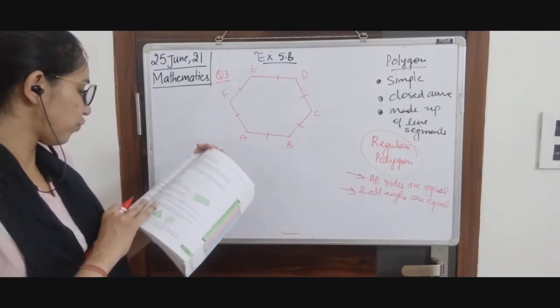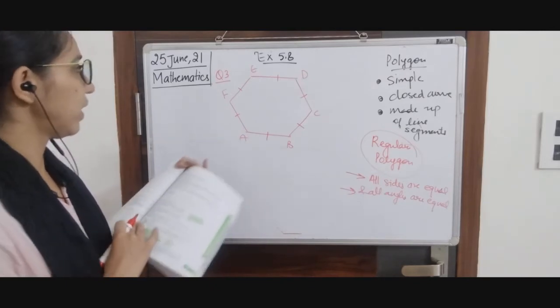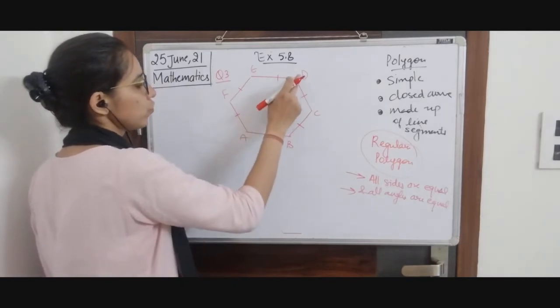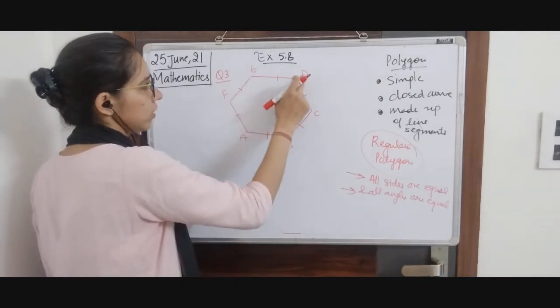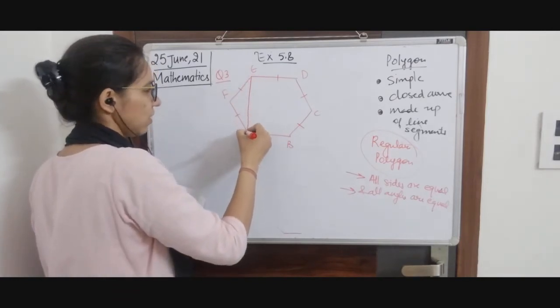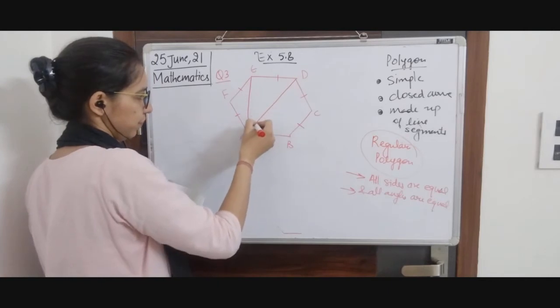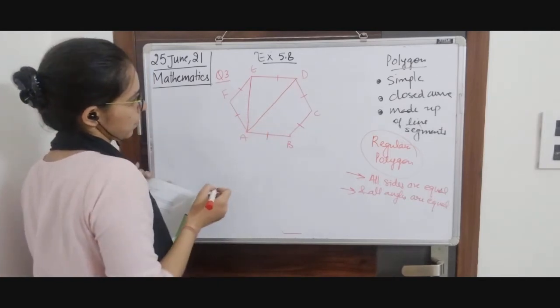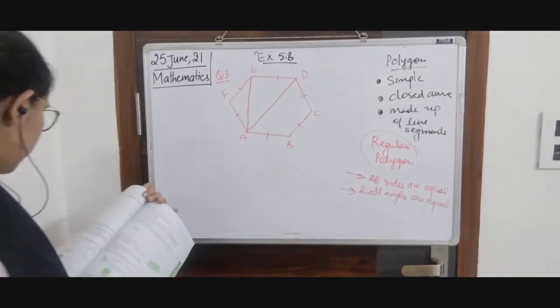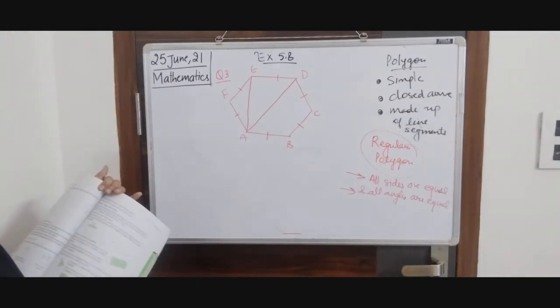Connecting any 3 of its vertices, draw a triangle. We need 3 vertices to draw a triangle. Suppose I want to connect E, D and A. Connecting 3 vertices, draw the triangle.